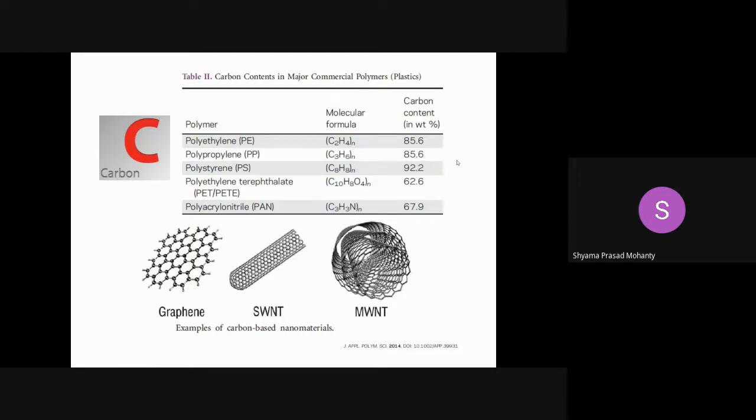Okay, so carbon has different allotropes, and we are also familiar with these allotropes like carbon nanotubes and graphene. They are the most exciting research in the field of material science.